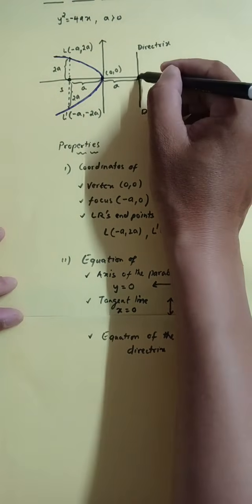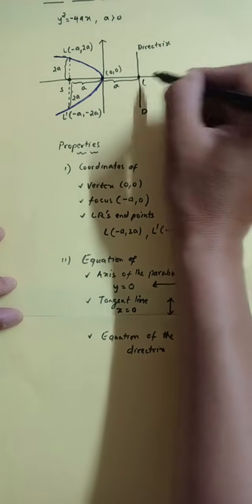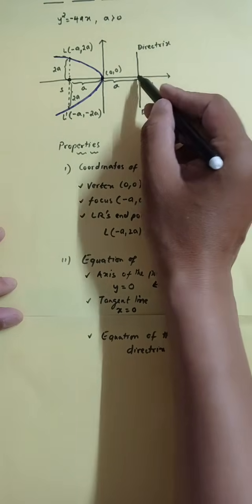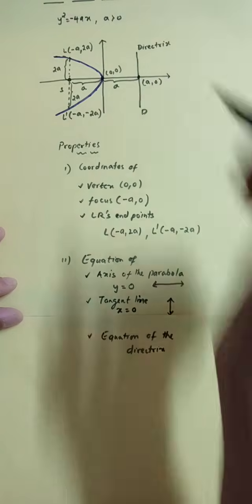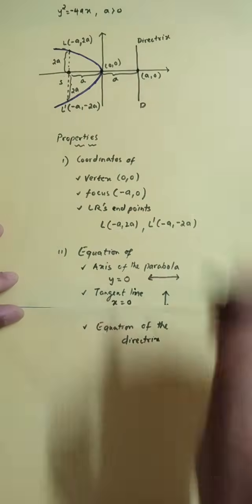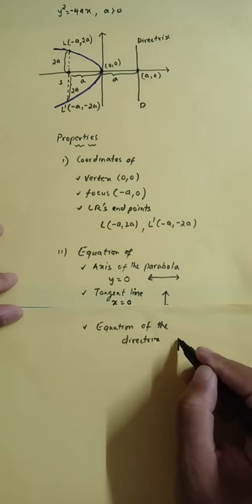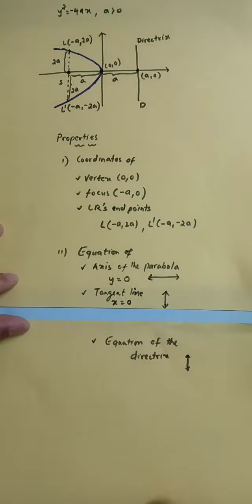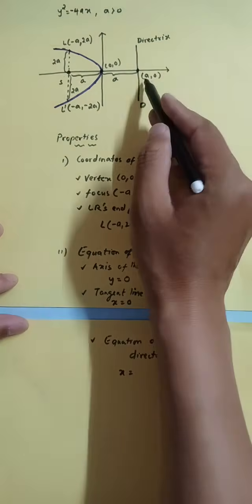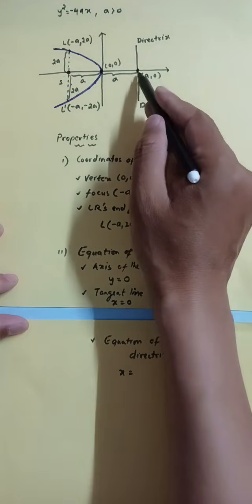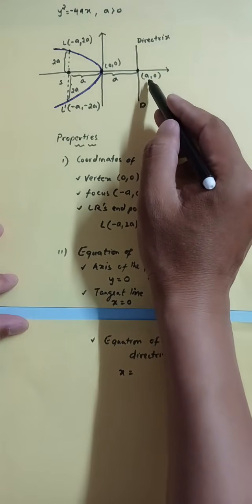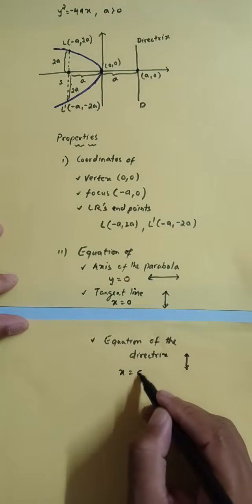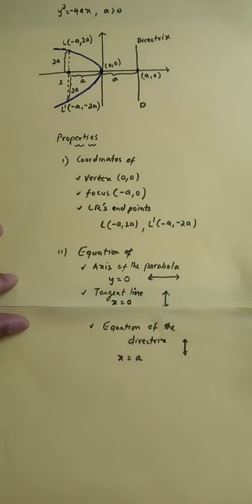What are the coordinates here? The x coordinate is a, and since this is on the x-axis, the y coordinate is 0. The directrix is a vertical line, so x equal to the x coordinate. This directrix passes through the point with coordinates (a, 0), so the x coordinate is a. So this is the equation of your directrix.